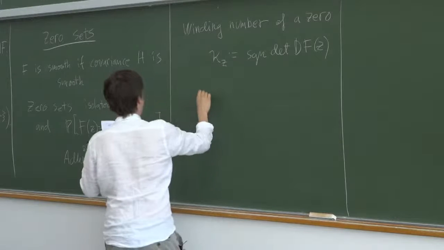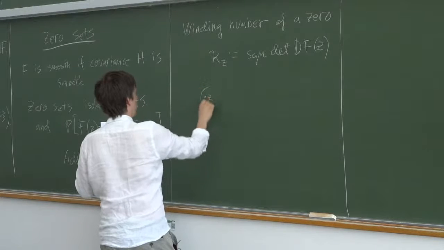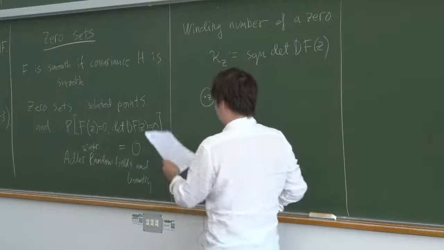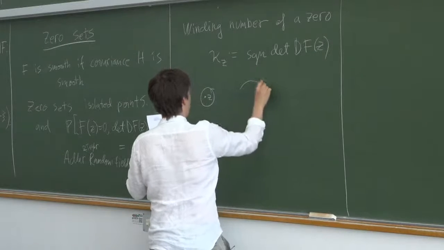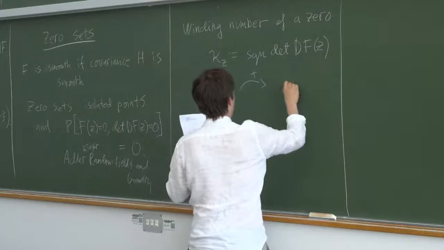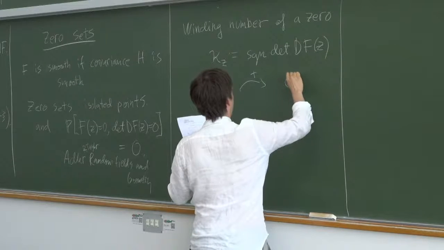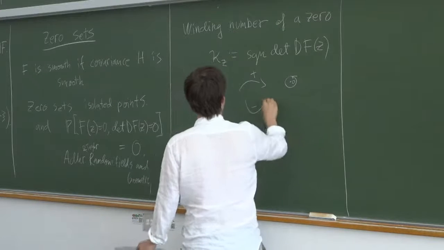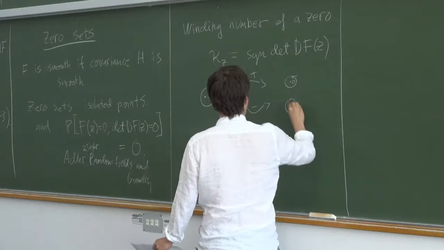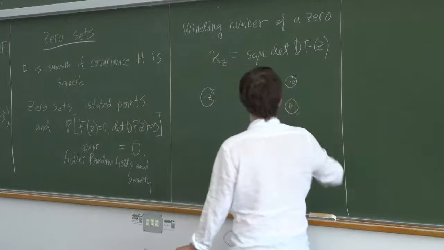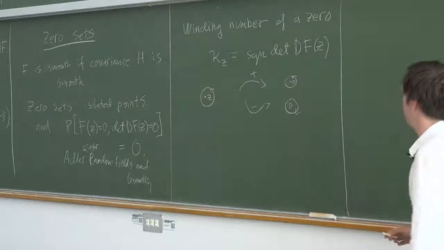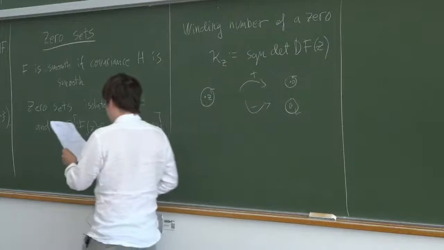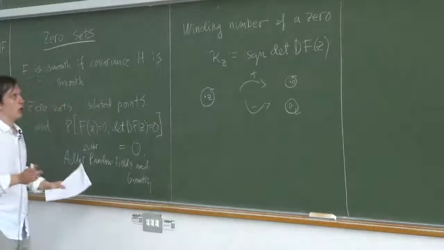So it means that if I have z, which is a zero, and I take a little circle and go around it, then if it's plus, I travel in the same direction around the zero, or if it's minus, then I reverse the orientation. Okay.